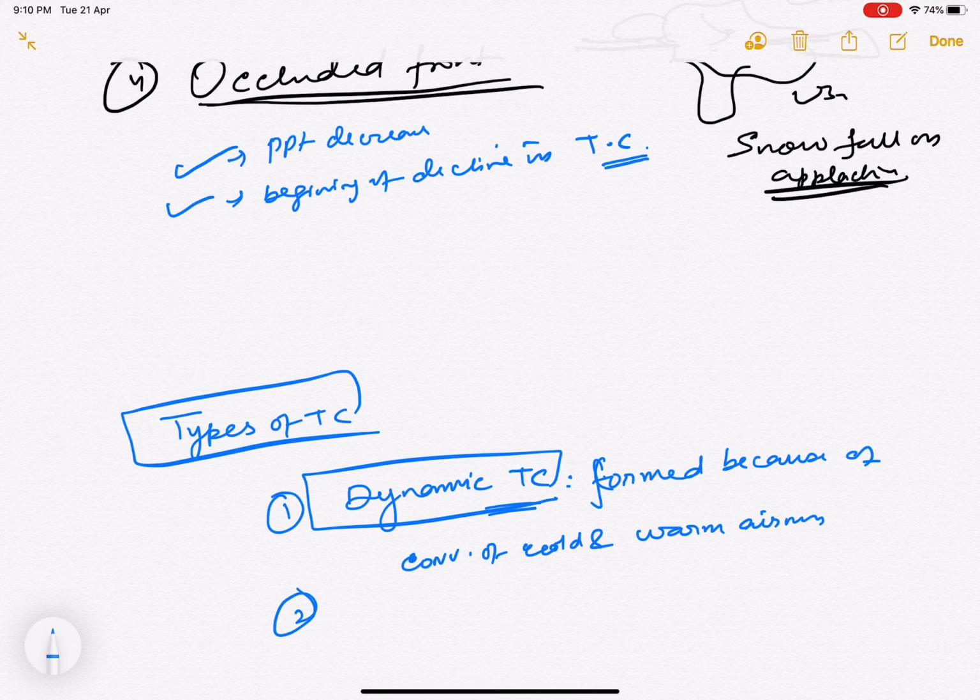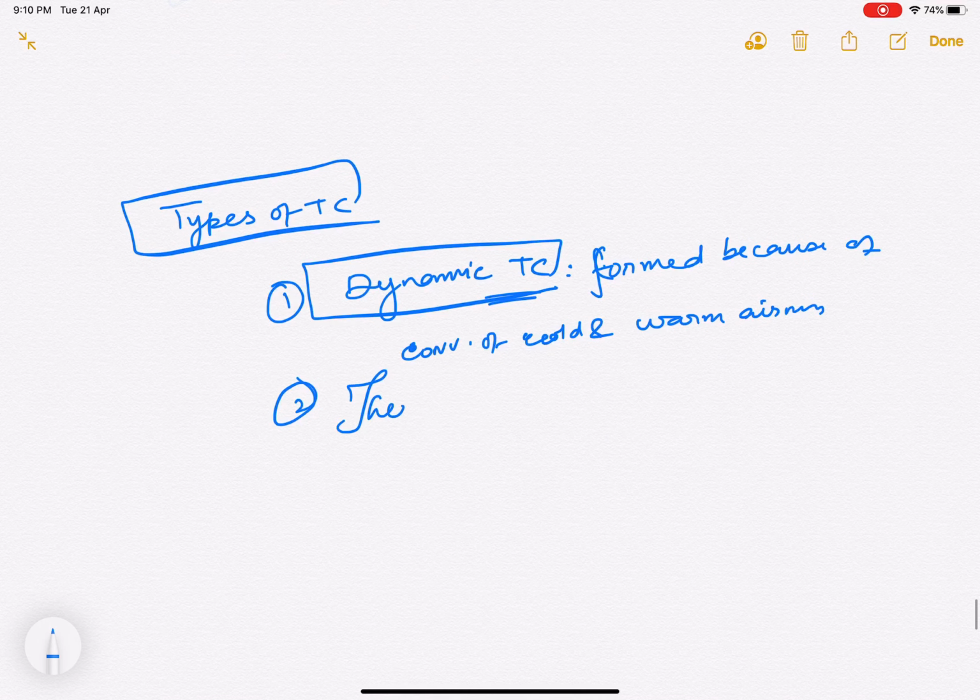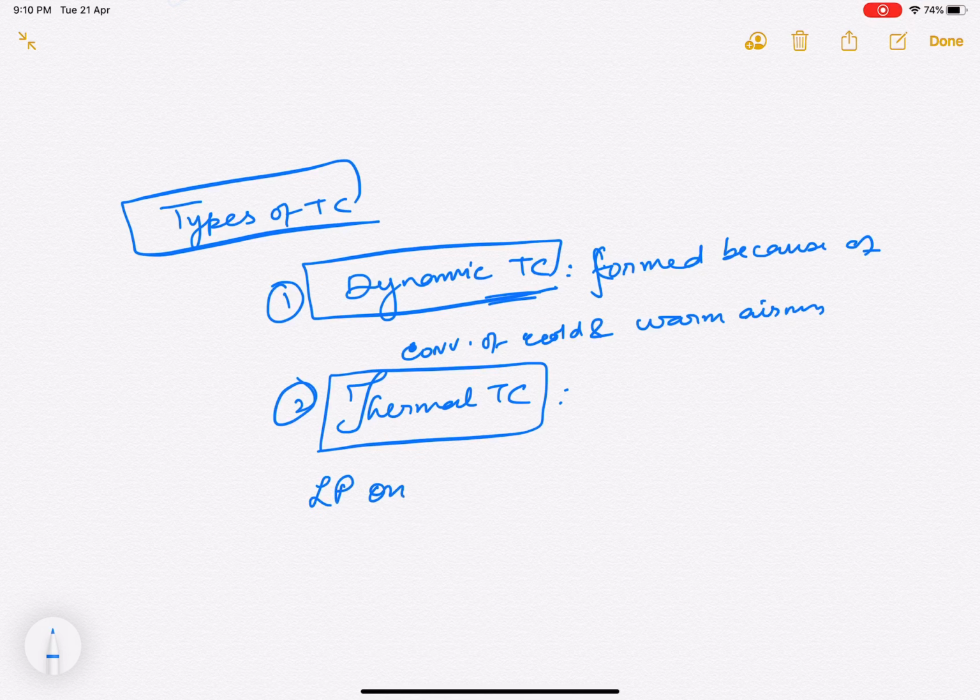Next we have the thermal temperate cyclone. What is this thermal temperate cyclone? It is formed because of a low pressure on land. Please understand this. The dynamic cyclone was formed because of the convergence of cold and warm air masses, but over here it is formed because of the low pressure on the land.